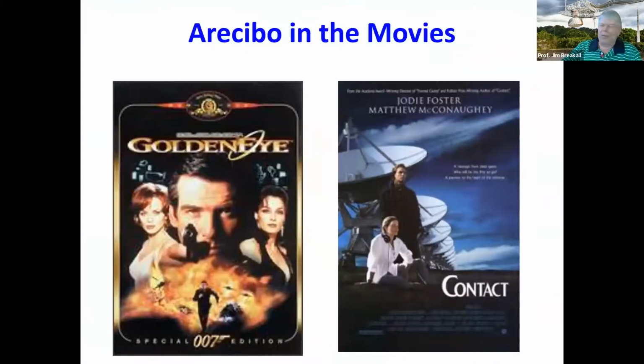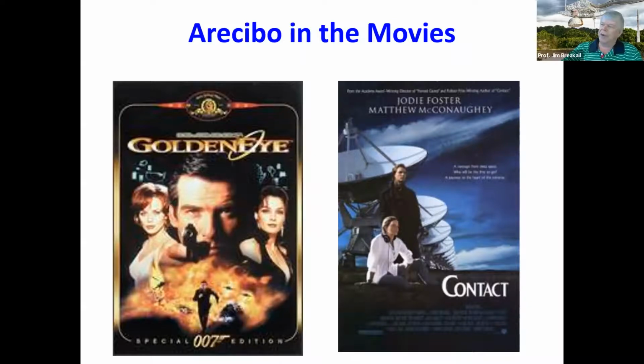Now, Arecibo has also been in the movies. I don't know if you've seen these movies in India over the years, but one was a James Bond movie called GoldenEye. Another one was Contact. Contact was actually a book and a series on our public broadcasting here in the US by a professor named Carl Sagan.